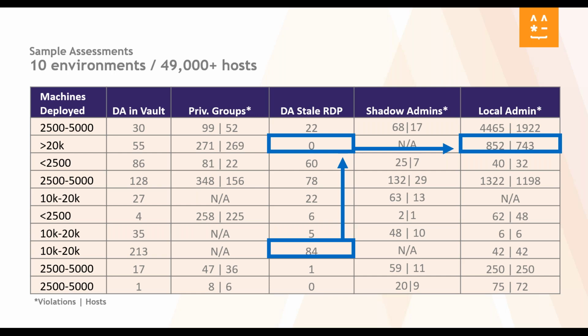And again, 852 different instances of local administrator credentials that are being used. They're not just present, they're actually being used with recent logins. The passwords are not being cycled or managed. And note again, 852 different local administrator credentials in action on only 743 hosts, right?